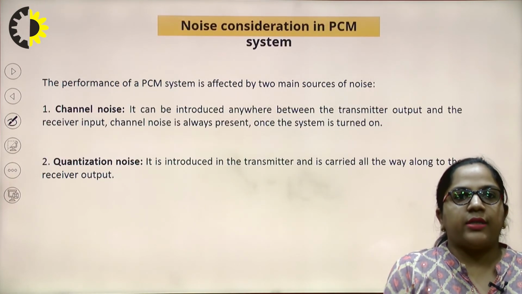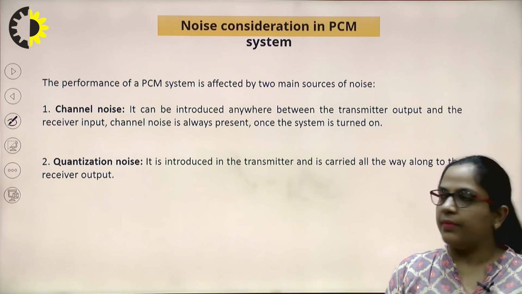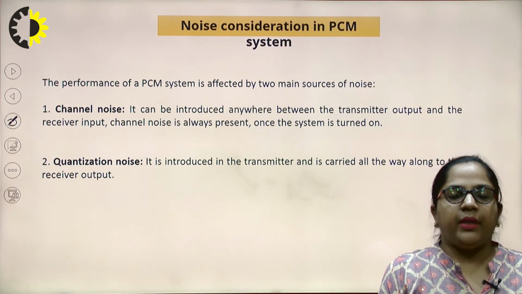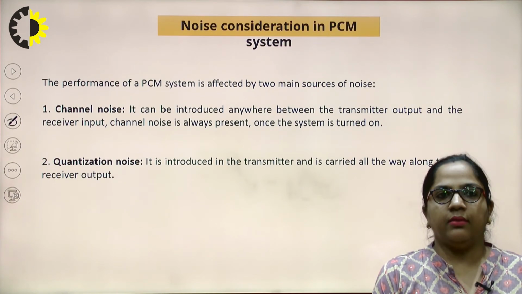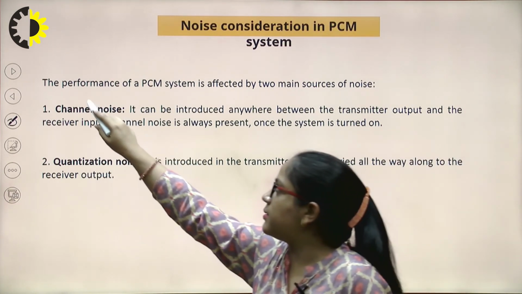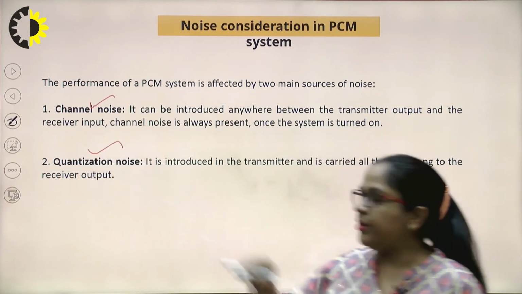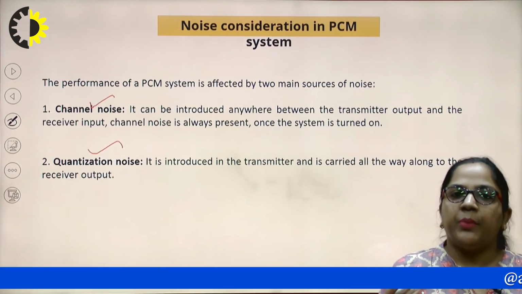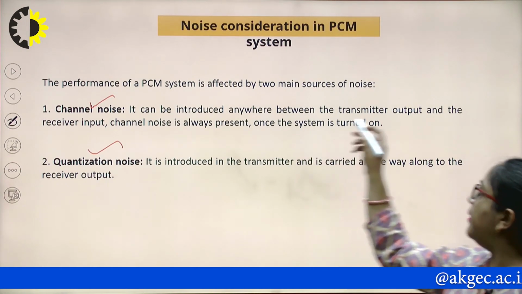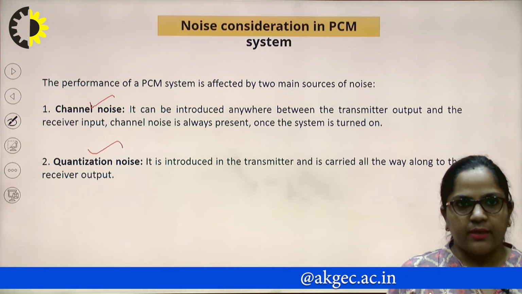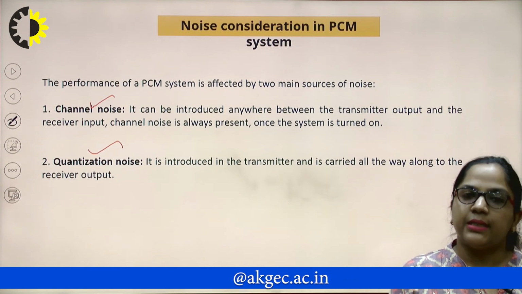Next, we have the noise consideration in a PCM system. In a pulse code modulation system, we generally consider two types of noise: channel noise and quantization noise. Channel noise can be introduced anywhere between the transmitter output and the receiver input, and it is always present once the system is turned on.